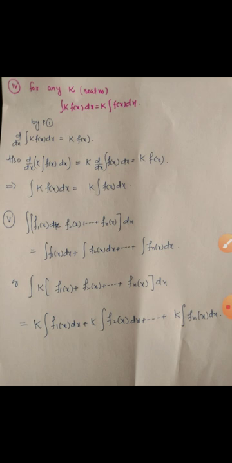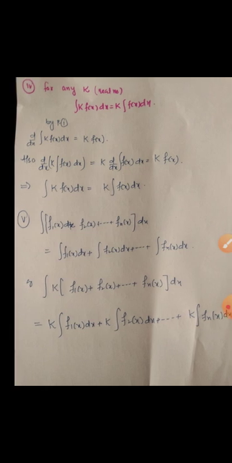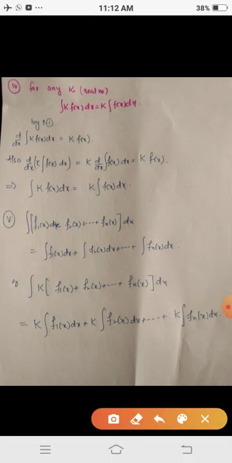Because k is constant, we can take k out of the differential, and d by dx of integral f(x) dx equals simply f(x). By property first, from the first and second, integral of k f(x) dx equals k times integral of f(x) dx.